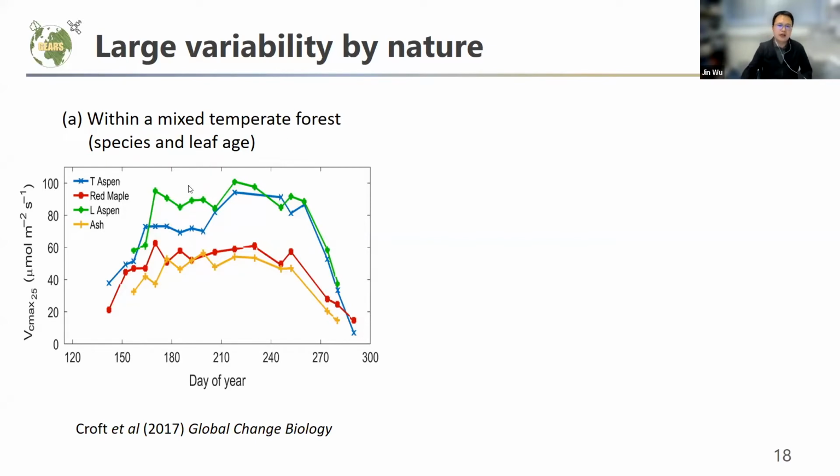Even within the same forest, where all these canopy trees are exposed to nearly the same environment, if we take a snapshot, for example on day 210 of the year, you can see different species have really large variation in Vmax. And of course, along with leaf age development, the leaf aging process, Vmax can also vary largely across the season. So Vmax is so important, but at the same time, it is highly dynamic. That creates a lot of challenges for the science community.